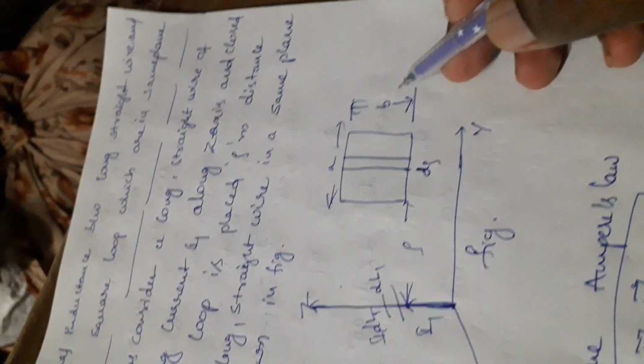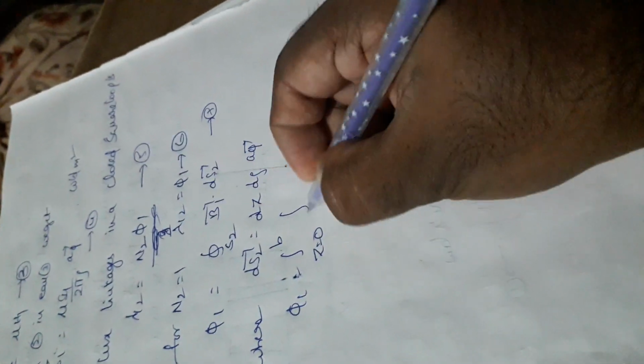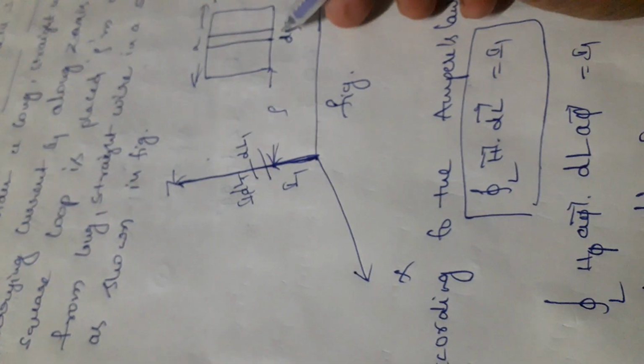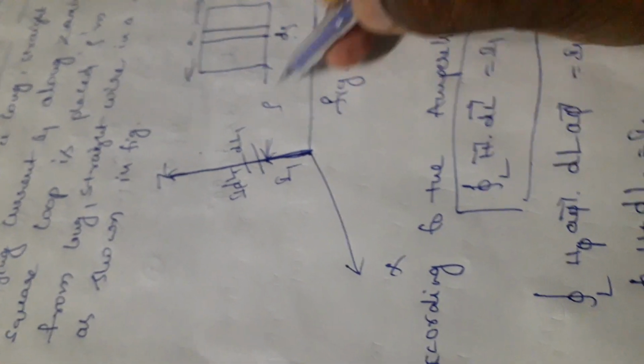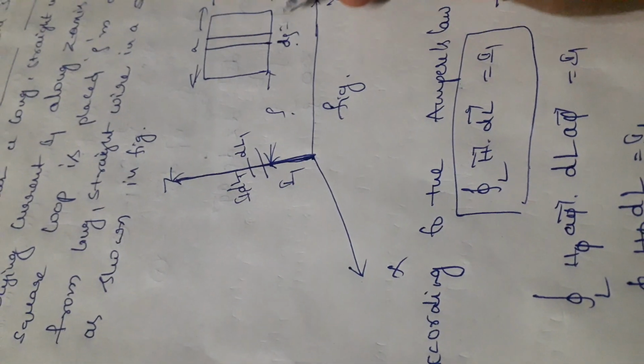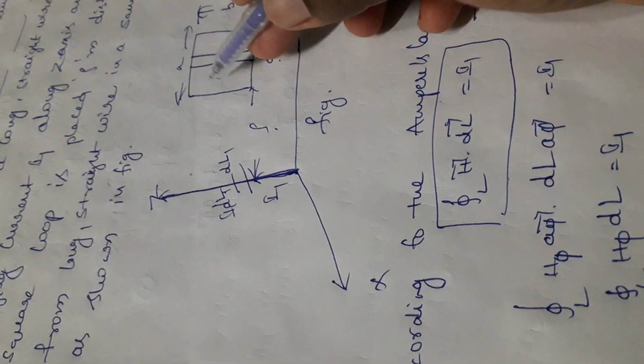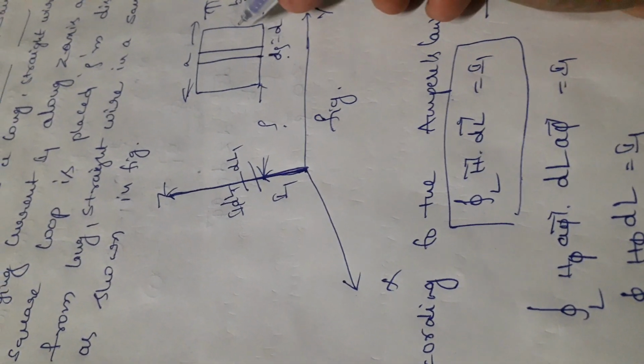it is b, the finite length it is b. So then z is equal to 0 to b, and rho, if we consider this rho value, the smaller differential distance is d, and the maximum value of rho is d plus a. That means this distance depends upon the distance of the square loop in this plane.